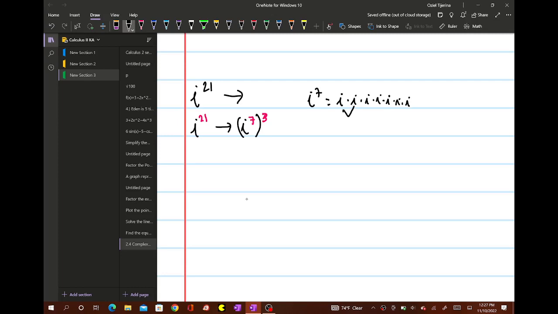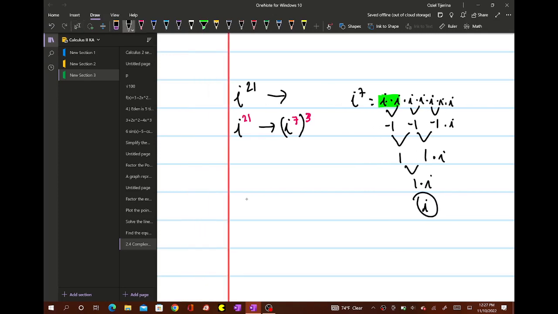So this is negative 1, this is negative 1, this is negative 1, and this is i. Remember, I'm getting negative 1 because the square root of negative 1 is i, so i squared is negative 1, okay? So then this becomes 1, this becomes 1, and then times i. So 1 times 1 is 1, times i is i.